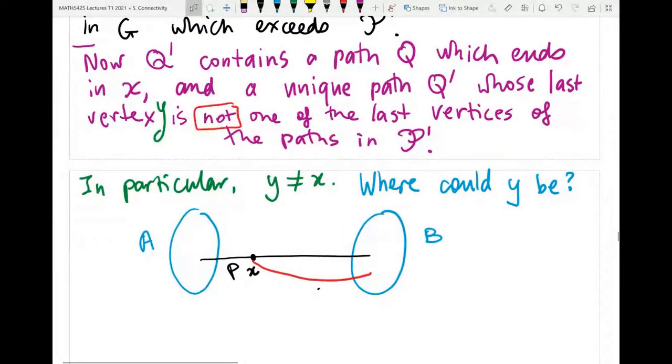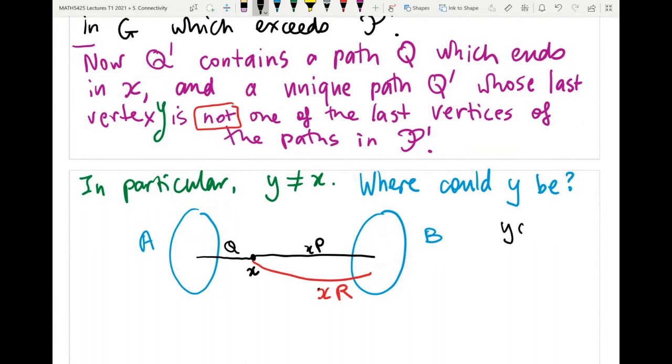Anyway, where could Y be? We have this path Q, which is where we want to know where Y could live. Sorry, Q is the one. Start again. There's X. This is XP, and this is XR. We have a new path, Q, that ends in X. And somewhere we have a Q primed that ends in a new vertex Y that we haven't seen before.